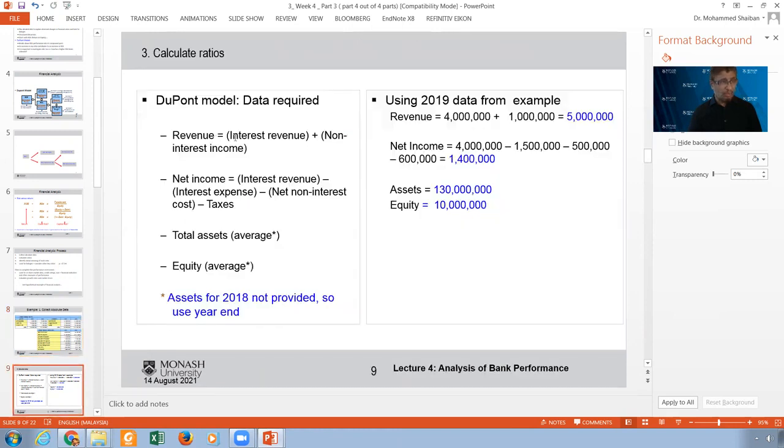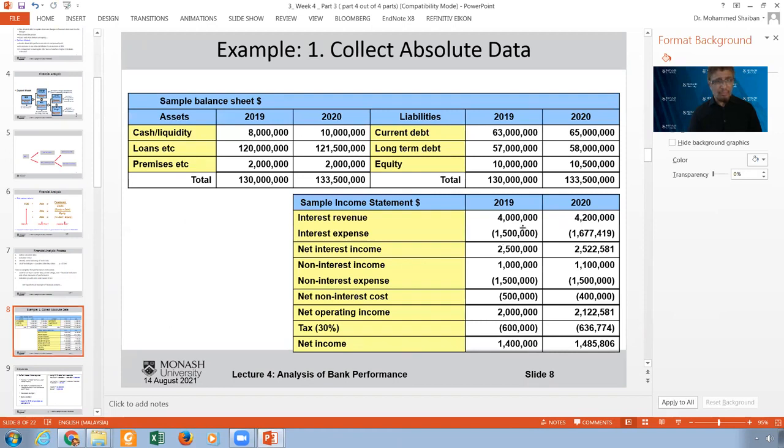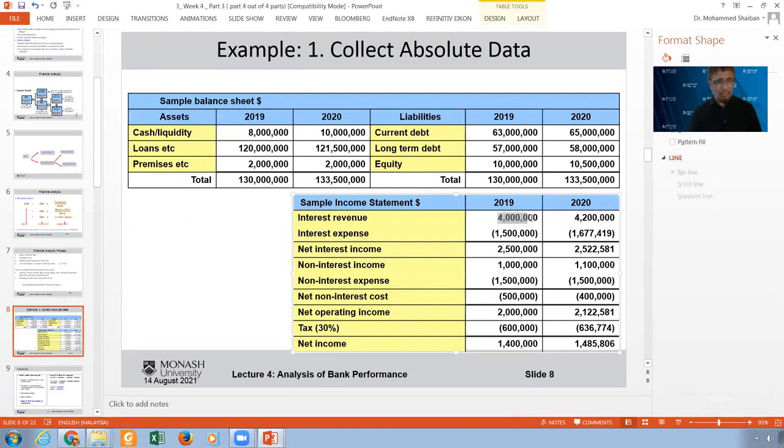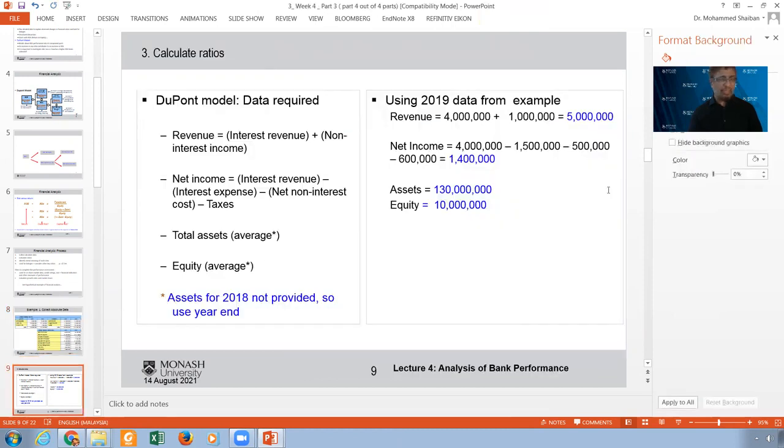We can calculate the revenues, which is interest revenues, plus non-interest income, which is this one actually. It's easy, it's not a big deal. This is the interest income. This is the net interest income. If you calculate for 2019, it's a very straightforward calculation, very straightforward numbers.